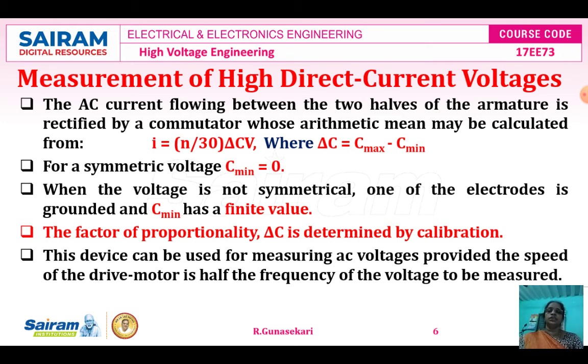For unsymmetrical voltage, C minimum has a finite value. This is the key point. This device can be used for measuring AC voltages provided the speed of the drive motor is half the frequency of the voltage to be measured.